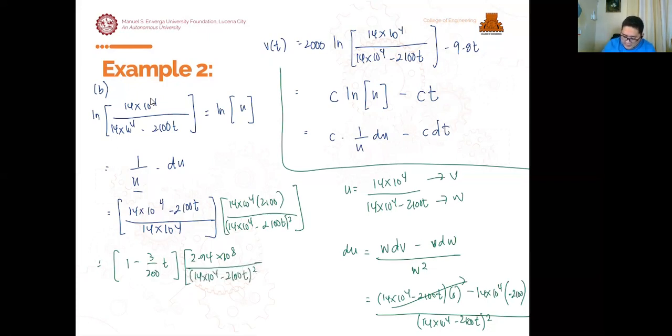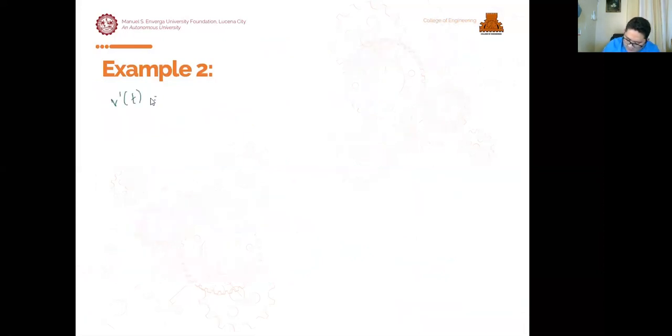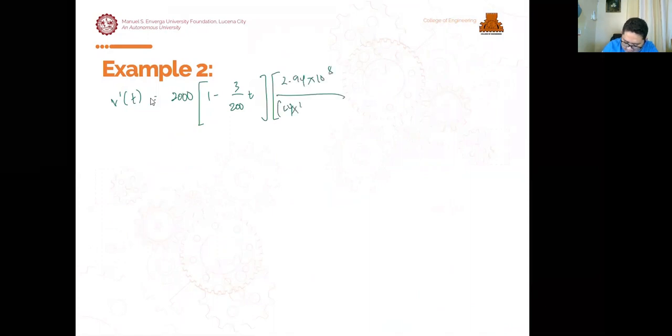Okay. Then, i-plug in na natin to dun sa dito, no? So, yung magiging derivative natin ngayon will be equal sa, kung ano yung constant, 2,000, plus 1 minus 3 over 200t multiplied by 2.94 times 10 to the 8 all over 14 times 10 to the 4 minus 2,100t squared.